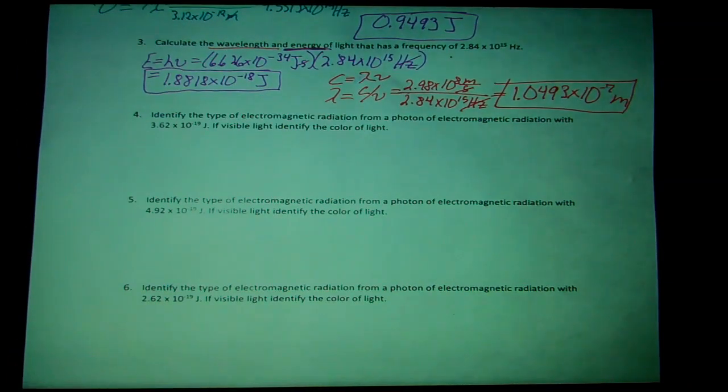Alright. Number 4. Identify the type of electromagnetic radiation from a photon of electromagnetic radiation with 3.62 times 10 to the negative 19 joules. If visible light, identify the color of light. In this, you're going to pretty much do what we've been doing so far.